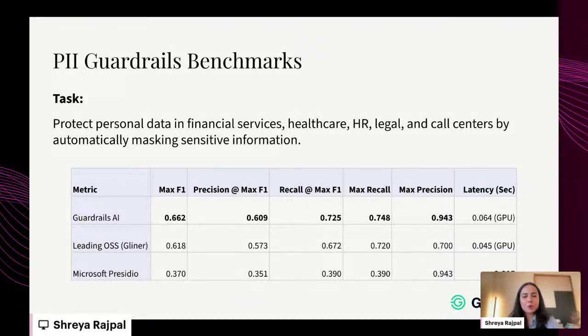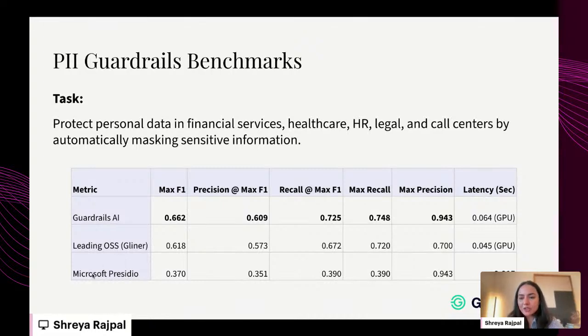So one of the most interesting findings for me here was looking at the performance of Microsoft Presidio. Microsoft Presidio tends to be one of the most commonly adopted things you can find if you want to mask PII. In fact, we have it available on our Guardrails hub as well, and we like using it. I think it tends to be really popular. It's very easy to use, very fast, very cheap.